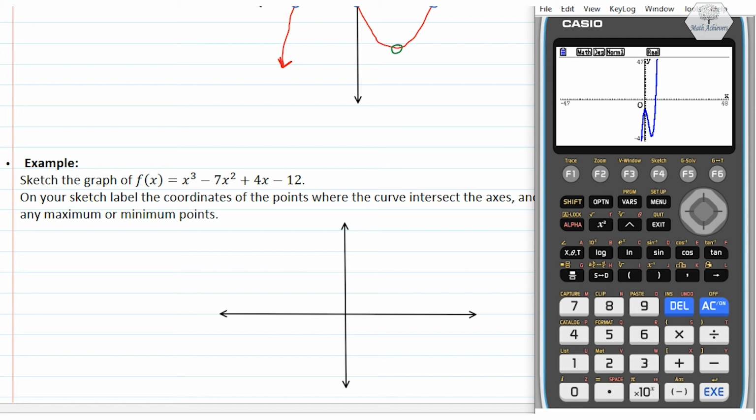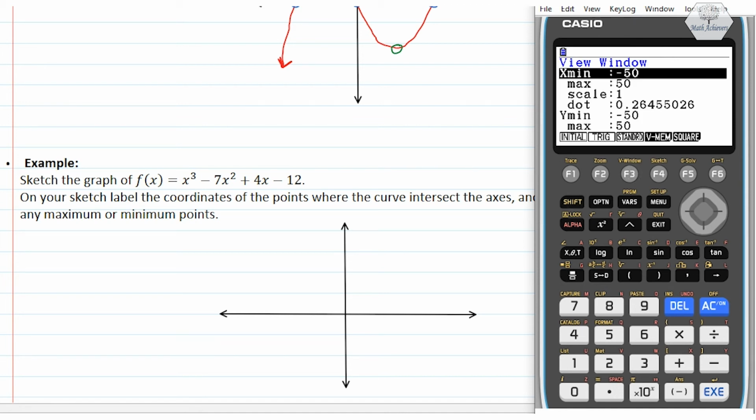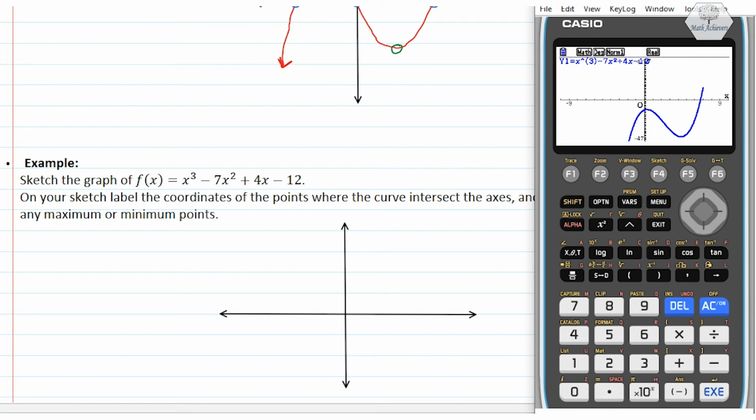It is clear that I need to shrink the x values again. So I go to shift V window. I make the x values from minus 10 to 10. Exit and draw. So by this, I can see my graph clearly.